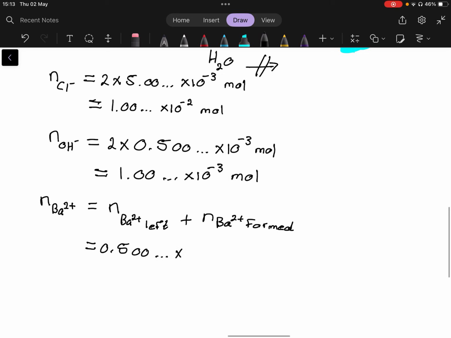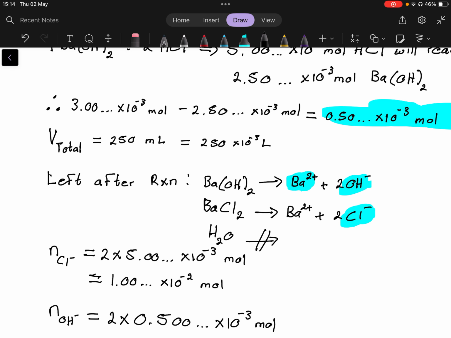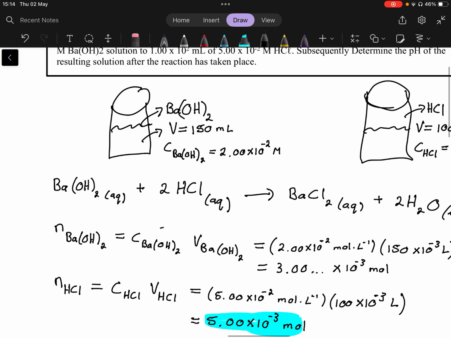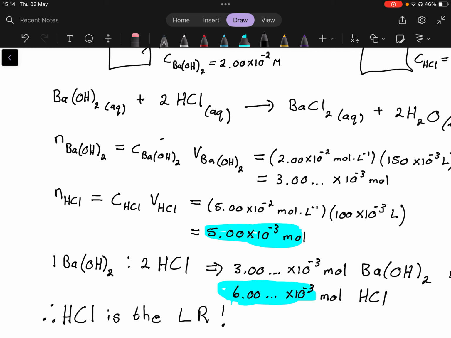But anyway, for the purposes of this, it means there's 0.500 times 10 to the negative 3 mole plus the amount of barium chloride that could have formed, which is 1:1 to the amount of barium hydroxide at the beginning, but it's also 2:1 to the amount of HCl. So in other words, it is HCl divided by 2 that will give us the amount of barium chloride.